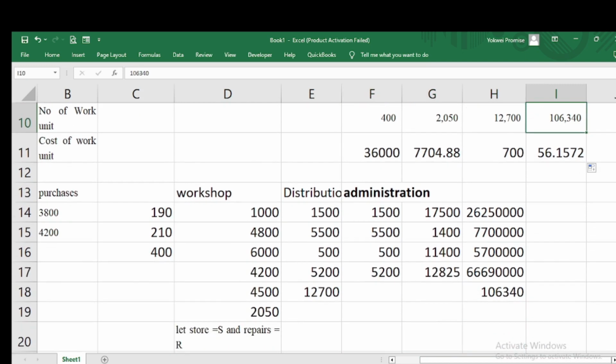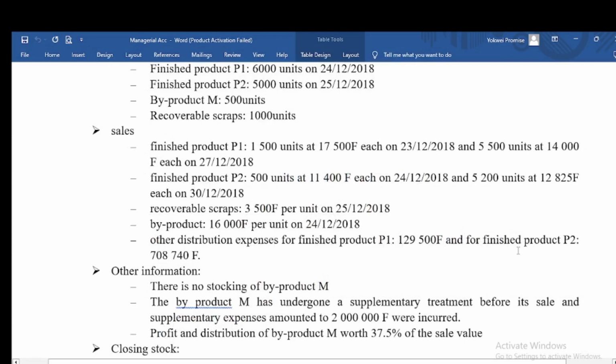Let me check. The machine is not giving me what I have manually. This times is 12,825. Let me 12,825 at this.